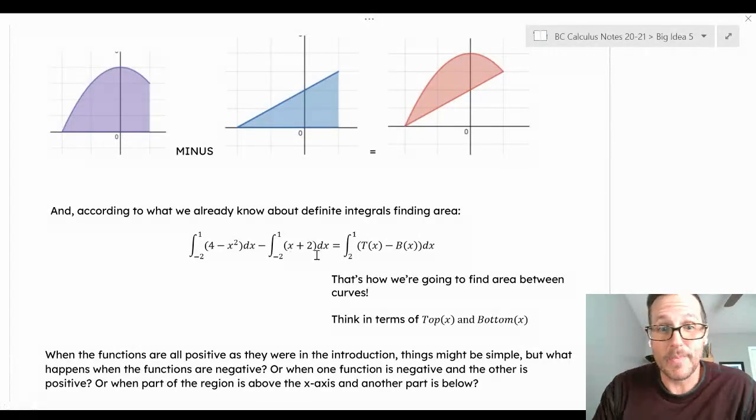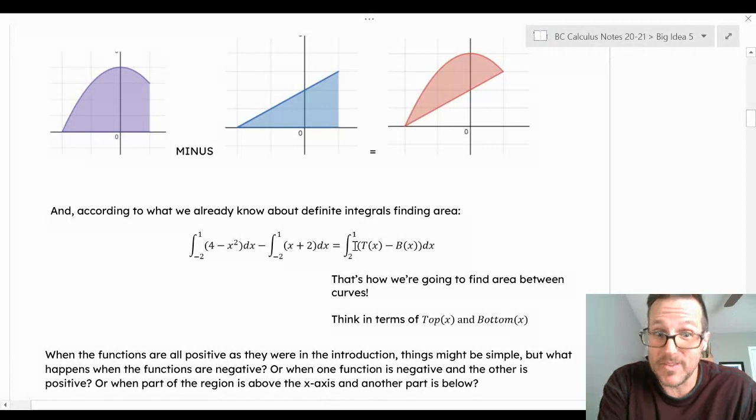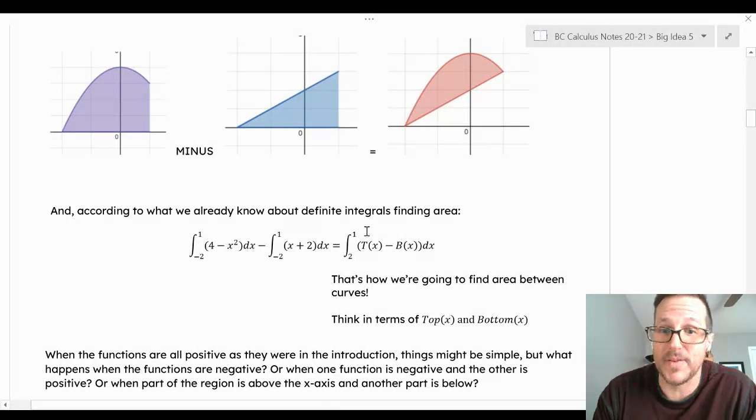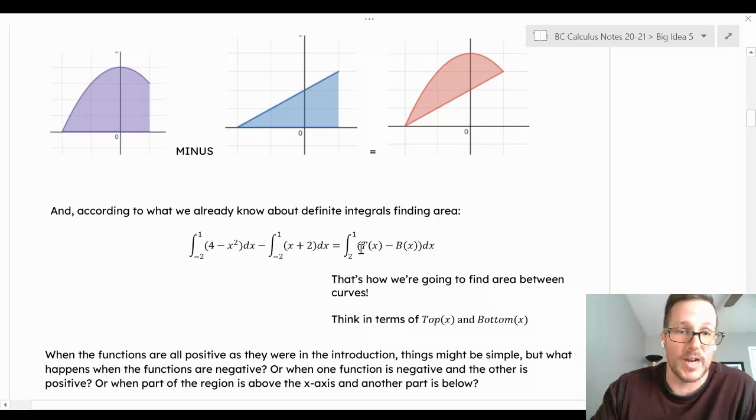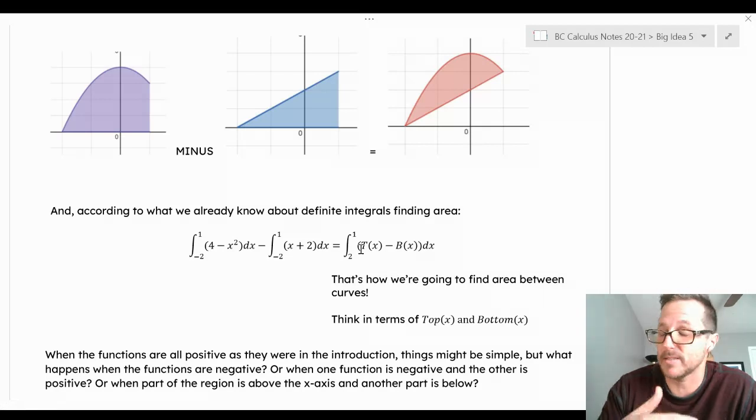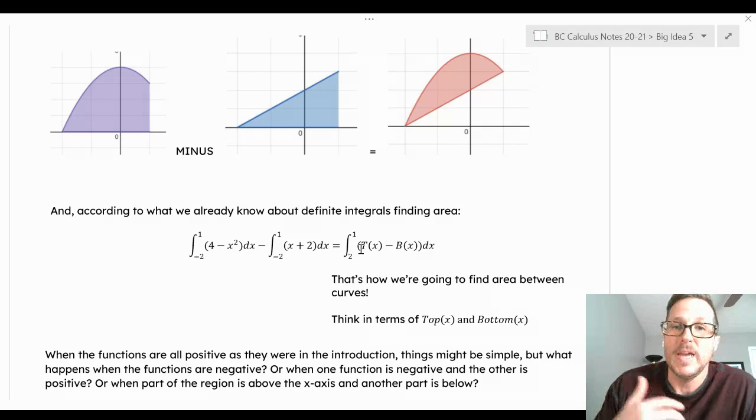Since they have the same limits, you can combine those together into one definite integral. It should be equal to the integral from -2 to 1 of the function I declared as b of x. I did that for a reason: T and b, top and bottom. That's going to be a recurrent theme. The top minus the bottom.